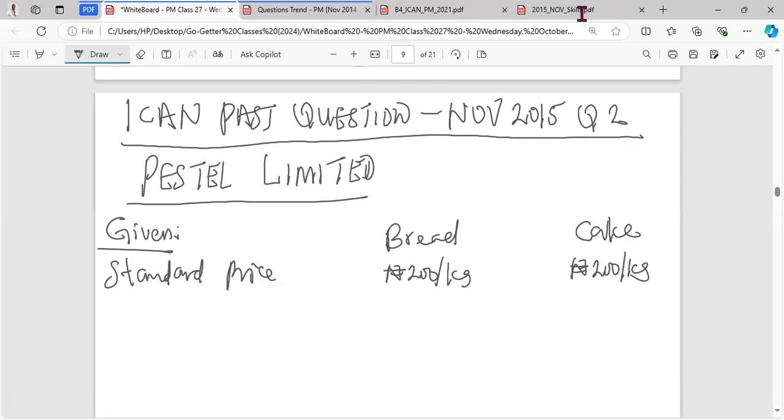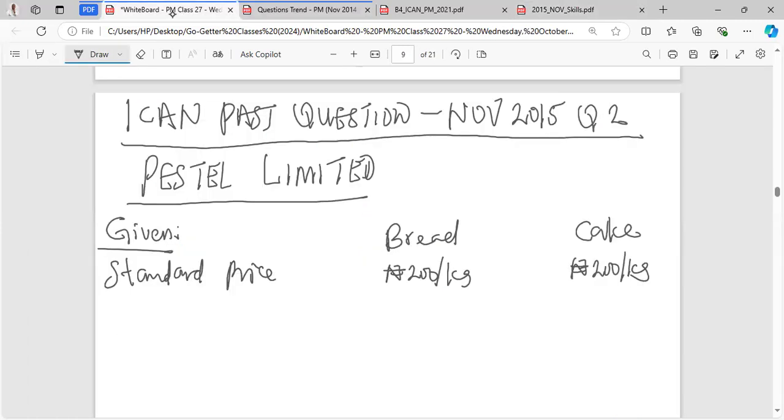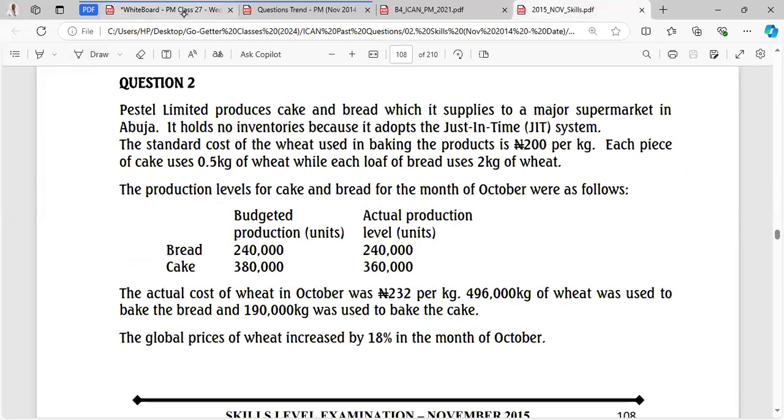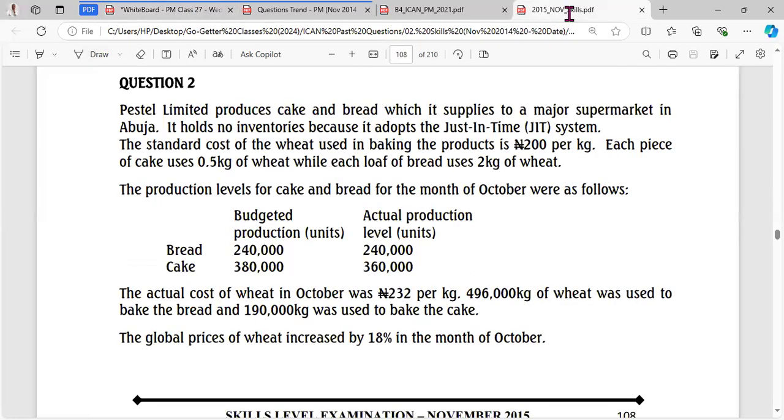Each piece of cake uses, so we say standard quantity. I'll call this SQ, this is SP. Each piece of cake uses 0.5 kg of wheat, while each loaf of bread uses 2 kg of wheat.